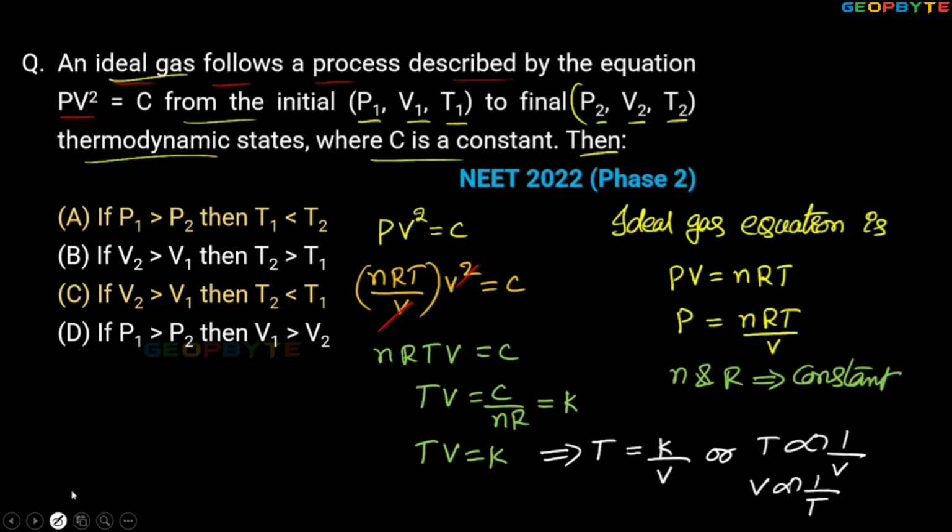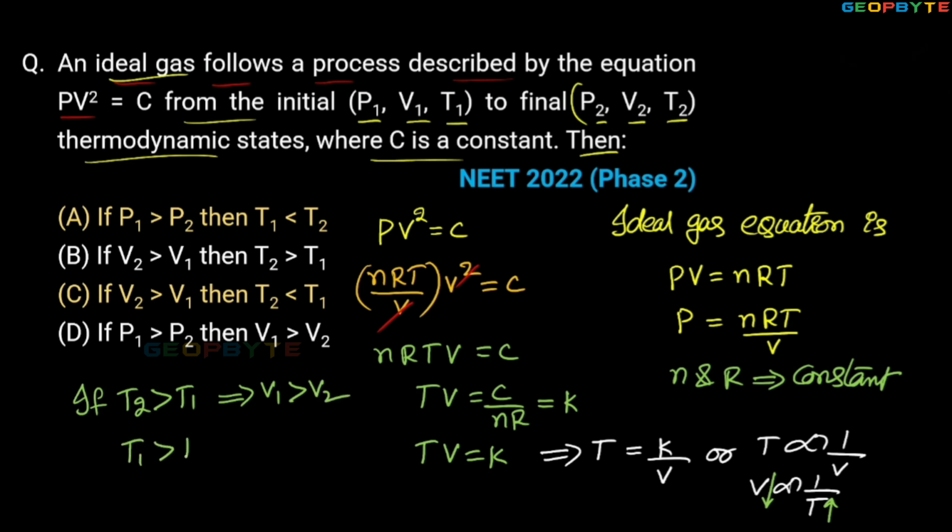What it means? If temperature is high, volume is low, right? That means if T2 is more than T1, I can write V1 is more than V2. Or if T1 is more than T2, I can write V2 is more than V1.